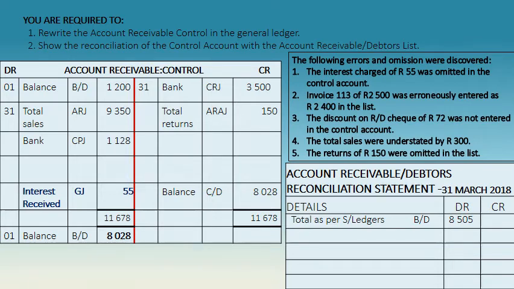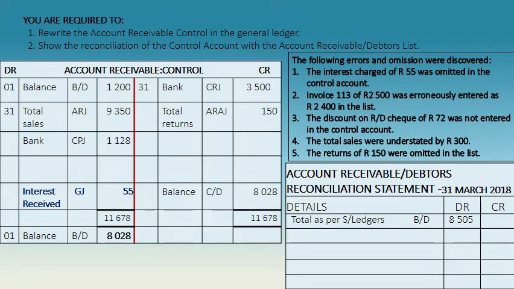In the second transaction, invoice 113 of 2,500 was erroneously entered as 2,400 in the list. The error was committed in the subsidiary ledgers. Therefore, the correction will be made on the reconciliation statement.